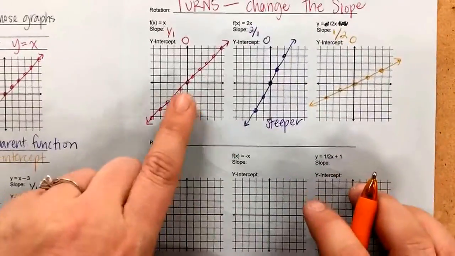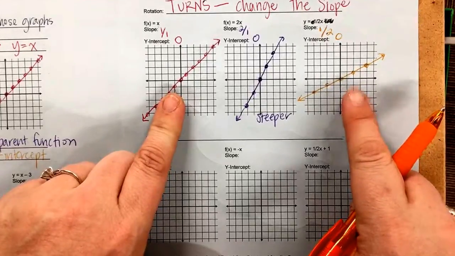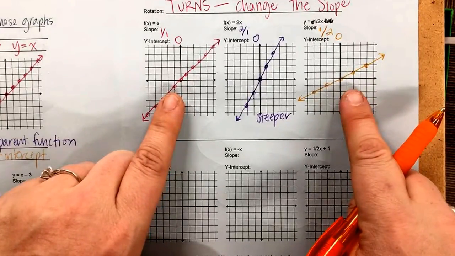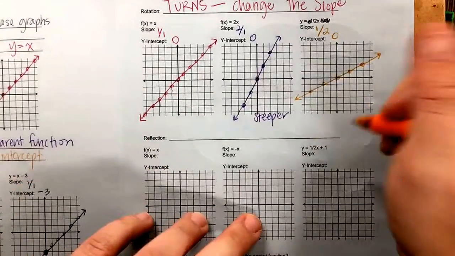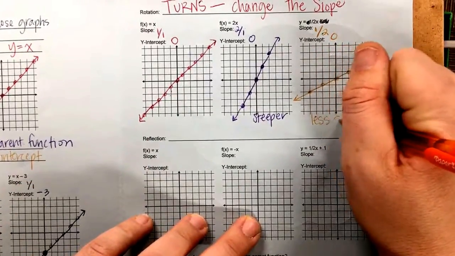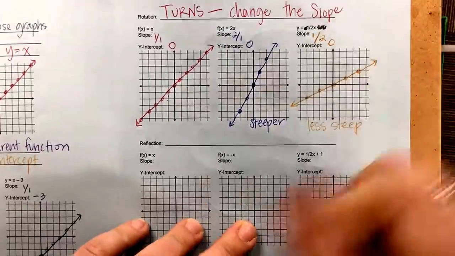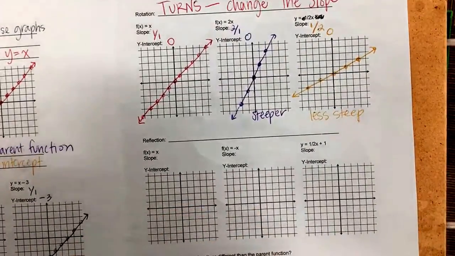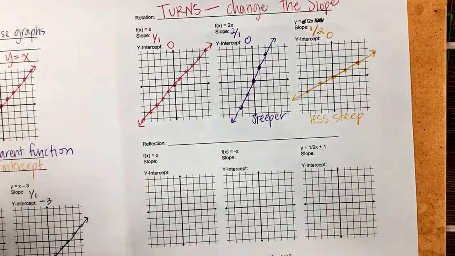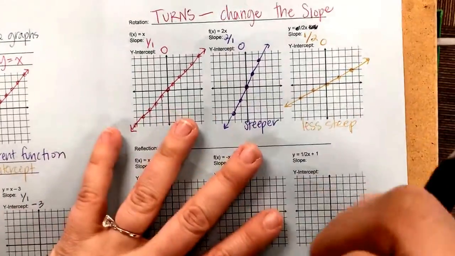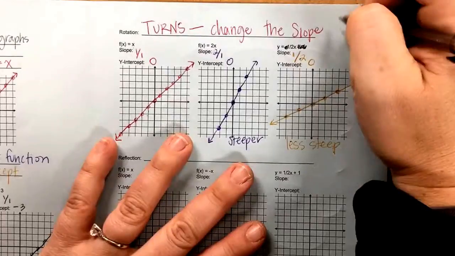So what's the change from the parent function to the 1/2 x? It's less steep, it's flatter, it's not as inclined. So we can make a rule over here, I guess.